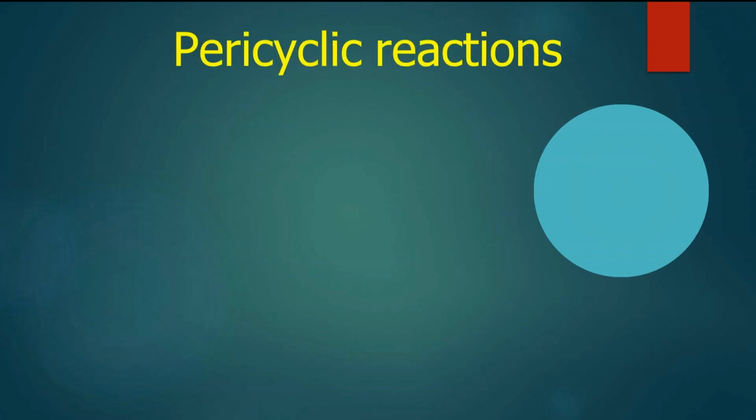Today's subject of discussion is pericyclic reaction. As the name indicates, these are reactions in which pericycles are involved. These pericyclic reactions are concerted reactions, means it takes place in a single step.